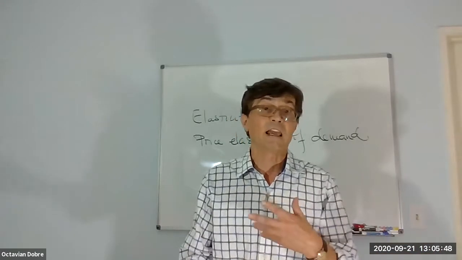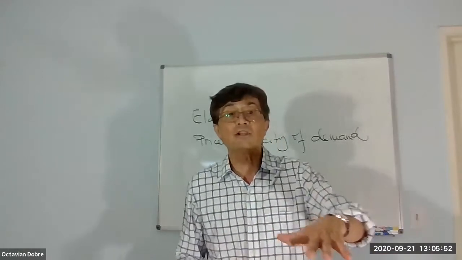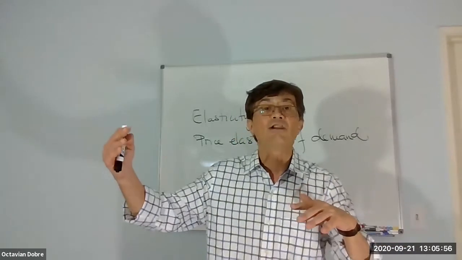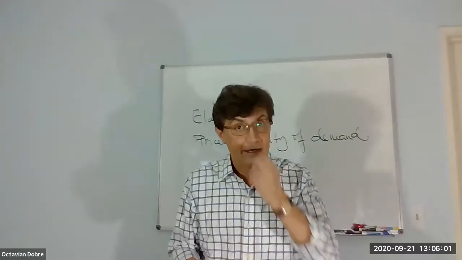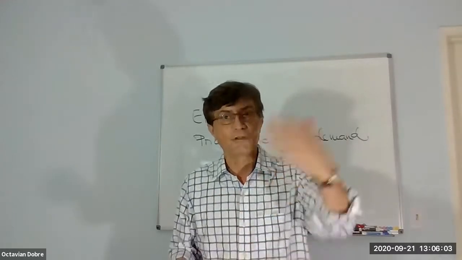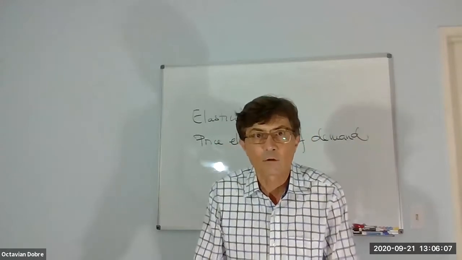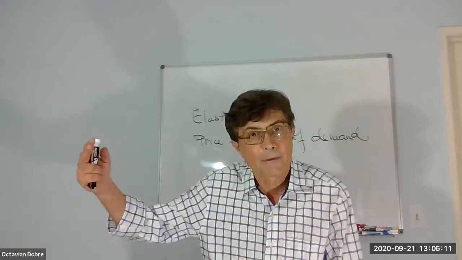But if we take, let's say, Coke and Pepsi, two substitutes, well, if there's a change in the price of Pepsi, there's certainly going to be a change in the quantity demanded for Coke. So for example, if the price of Pepsi goes up 1%, then we expect that quantity demanded of Coke will go up, right?